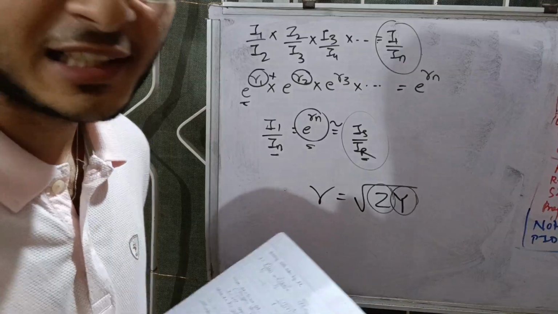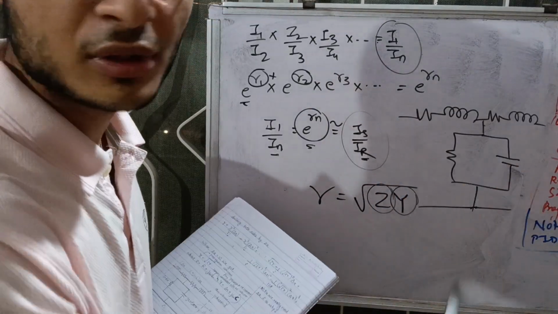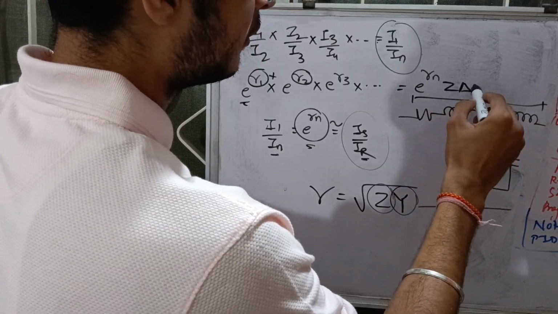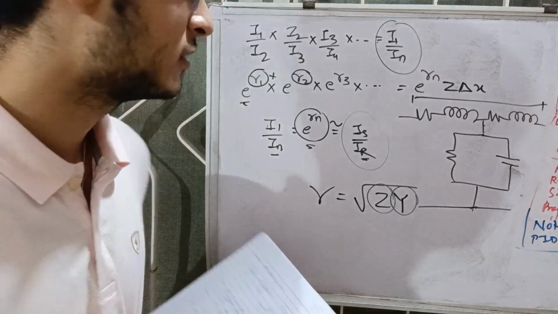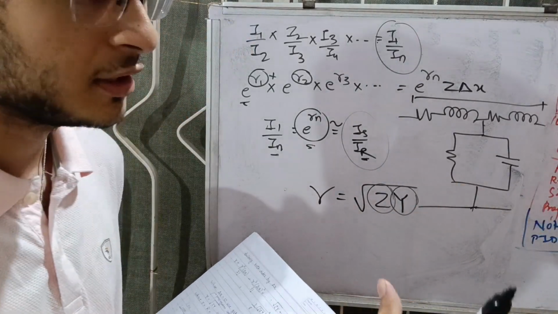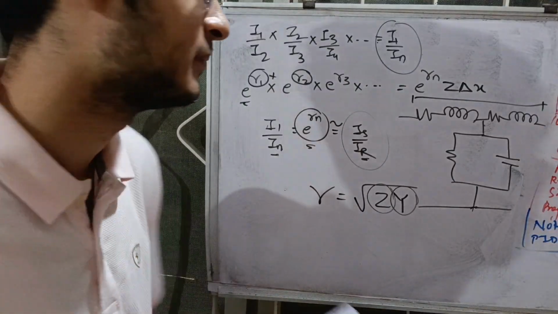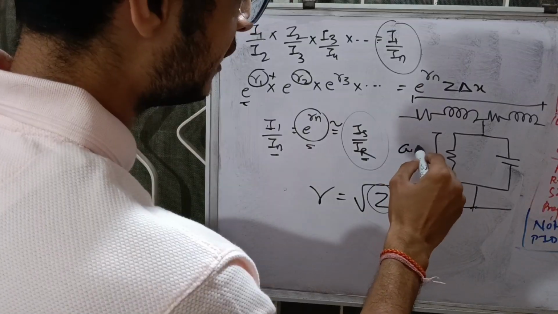Okay, you remember in the last lecture I've drawn this. This whole thing is represented by z delta x. Delta x is the particular element of the T section, the elementary T section of the whole cascaded T section, and this is basically y delta x.